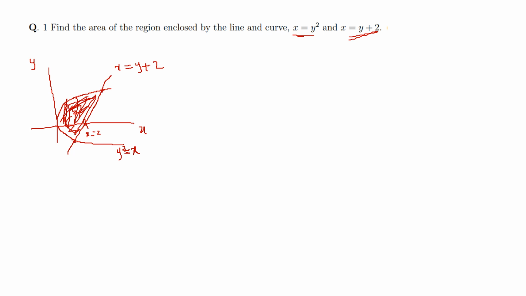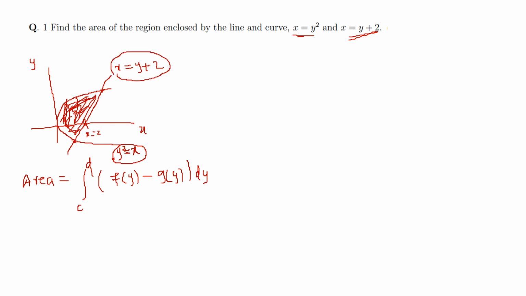So we have the formula for area as area equals integration from c to d. The integrand in this case is some function of y, let's say f of y minus g of y, times dy, because we have x in terms of some function of y, and the bound on the right hand side is again in terms of some function of y.